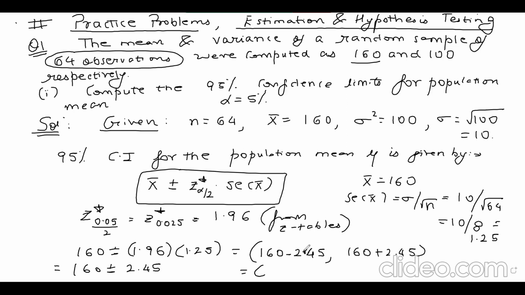So 160 minus 2.45 is 157.55, and 160 plus 2.45 is 162.45. So this is our 95% confidence interval for the population mean mu.